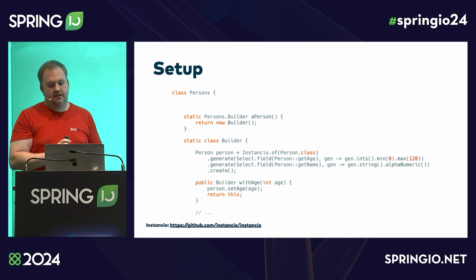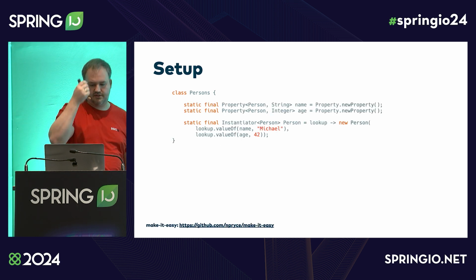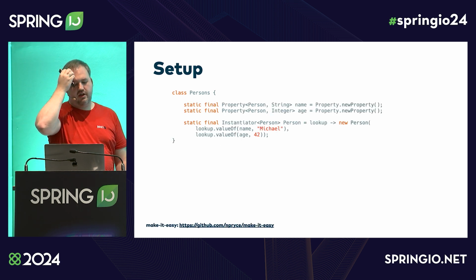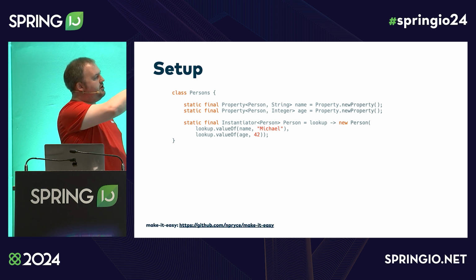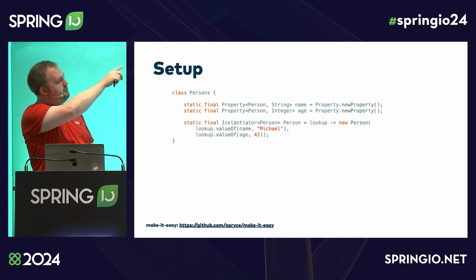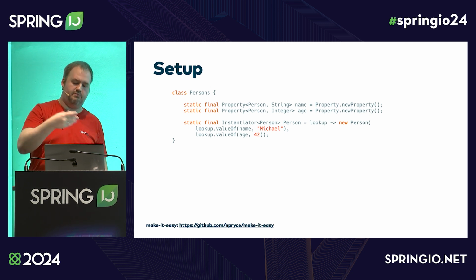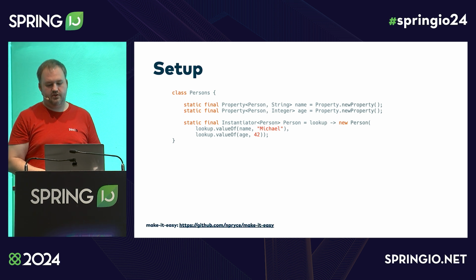And the last thing is, if you don't want to write all these builders yourself, there's even a solution for that. It's called Make It Easy. And there you could define properties and instantiators. And this value of that, Michael and 42, are the default values, which I then would change to some random values.